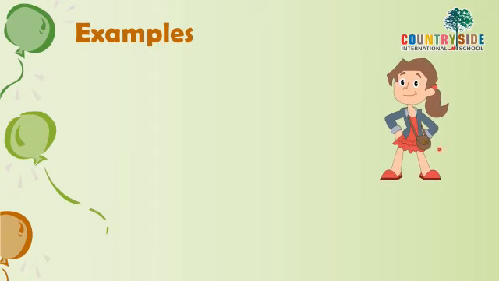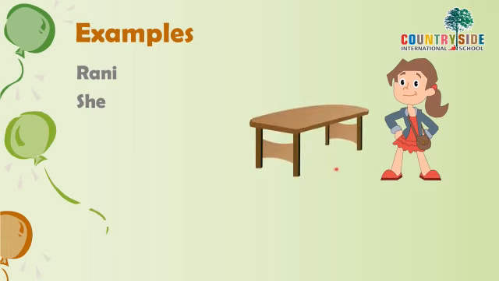Now, this is a girl and her name is Rani. What is the pronoun word which we can use for a girl? She. A table. A table is a thing. So what is the pronoun we use for a table? It.